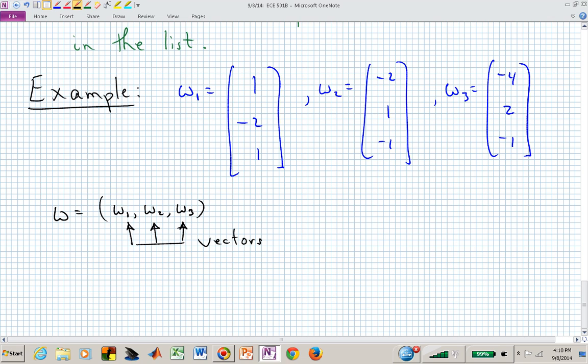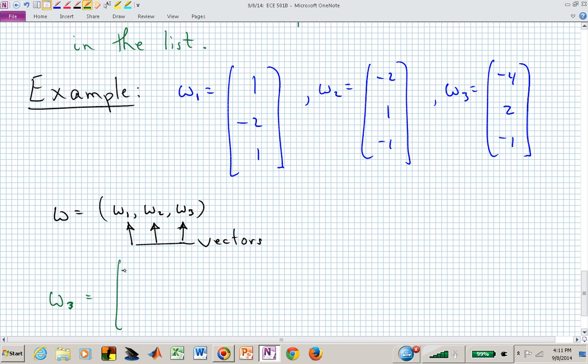Are those vectors linearly independent or linearly dependent? It may not be obvious from inspection, but maybe it is. If you look at that, you can actually rewrite W3 as a linear combination of the first two.